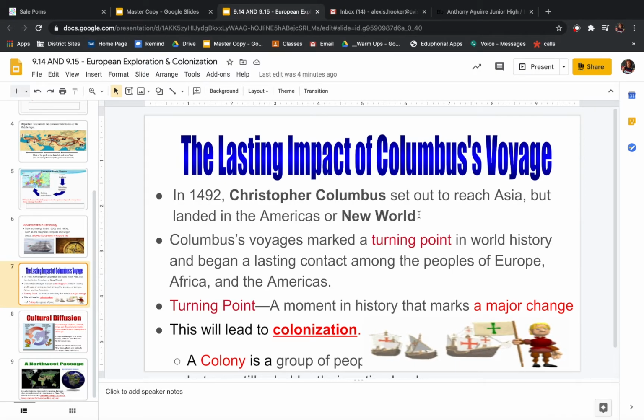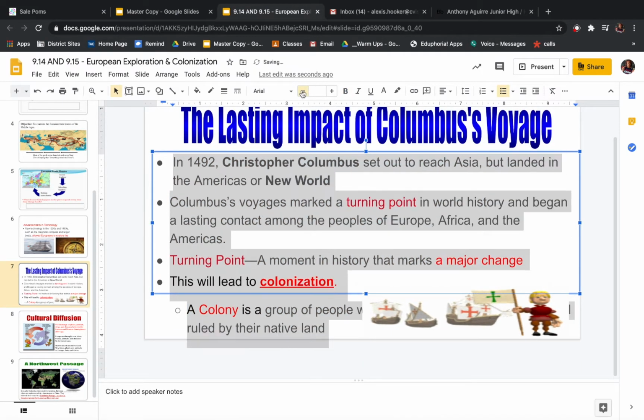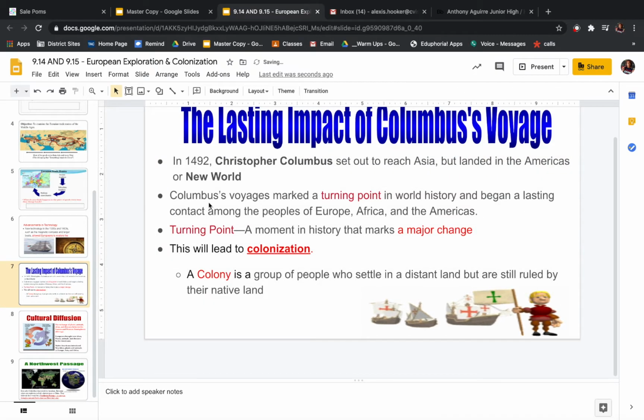What does that mean? Christopher Columbus was lost, but when they saw land again, he was like, cool, we'll claim this for Spain, because Spain is the country that hired Christopher Columbus. So I'm gonna make this smaller because I don't know why that's so big. You can't see all the words. Next part.